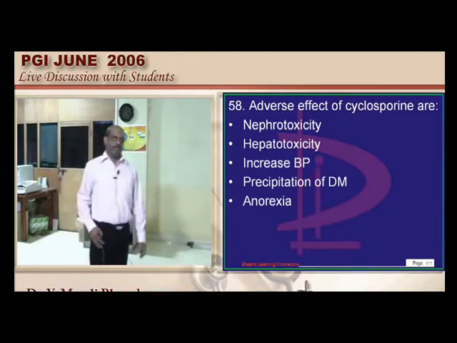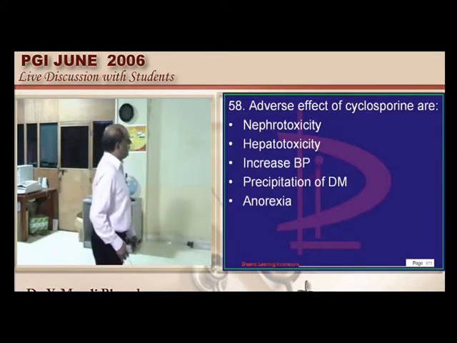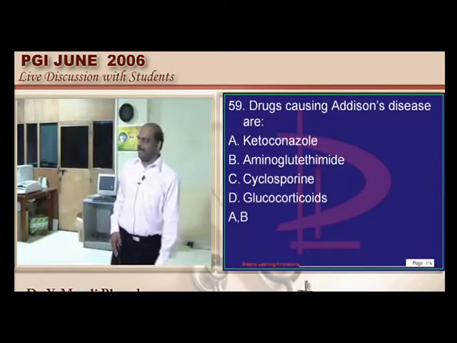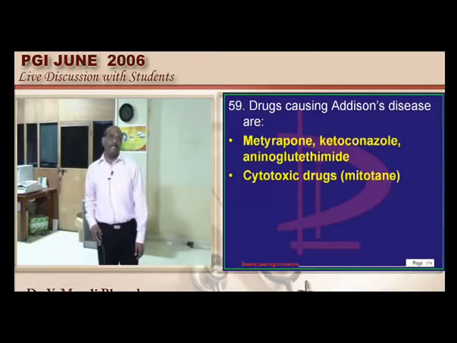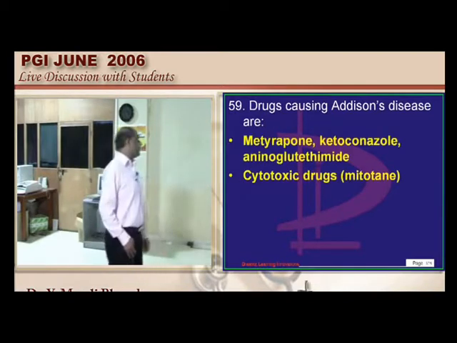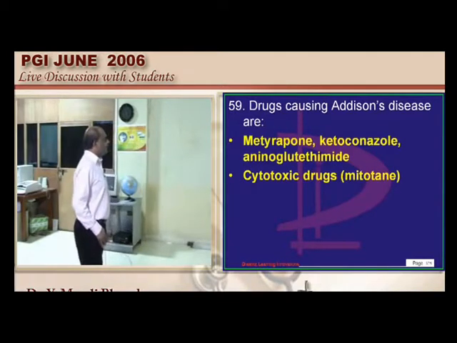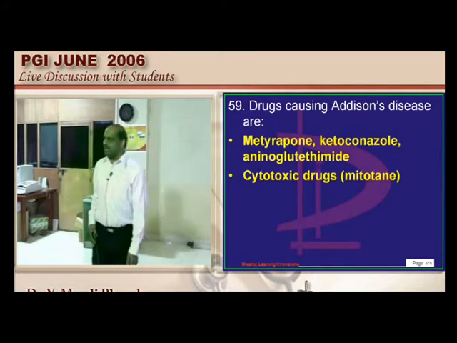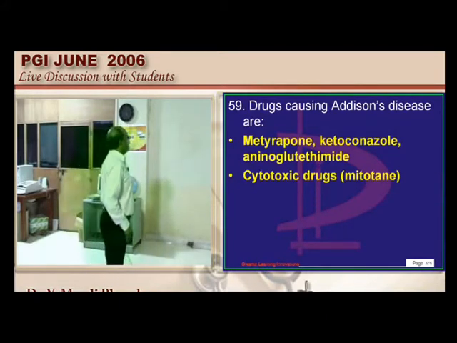So everything about cyclosporin we must be sure about. Certain drugs can inhibit steroid biosynthesis and can lead to development of a drug-induced Addison's syndrome. What drugs are they? Metyrapone and ketoconazole, aminoglutethimide and mitotane are the important drugs which can cause steroidogenesis to become inhibited.